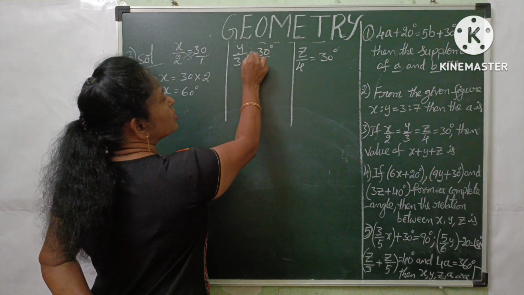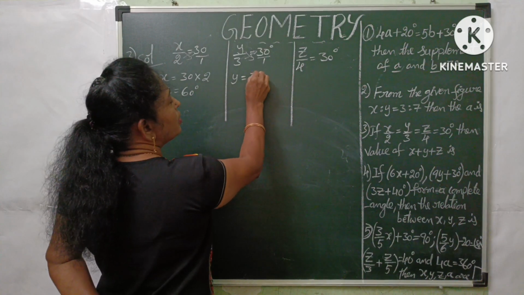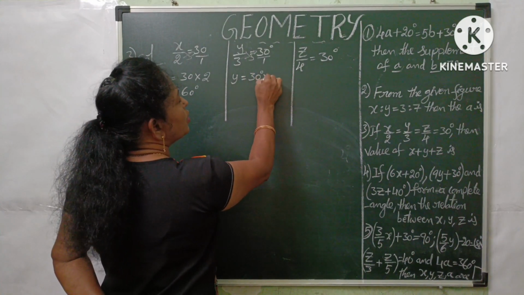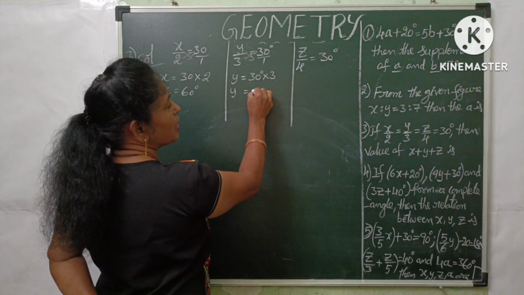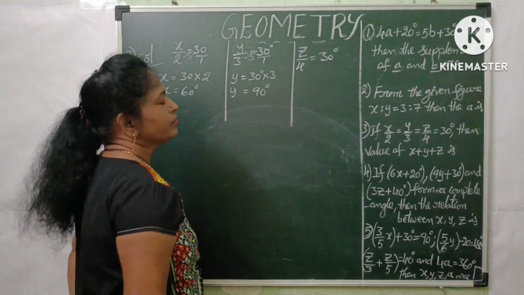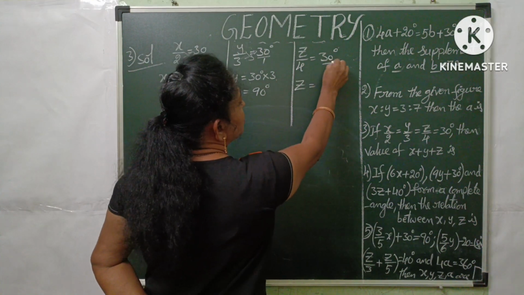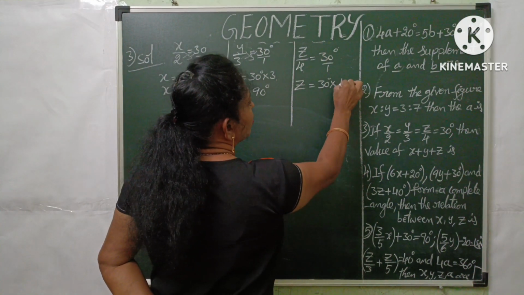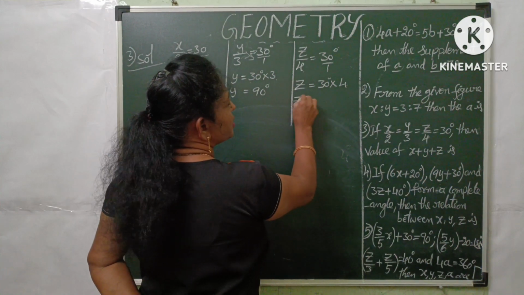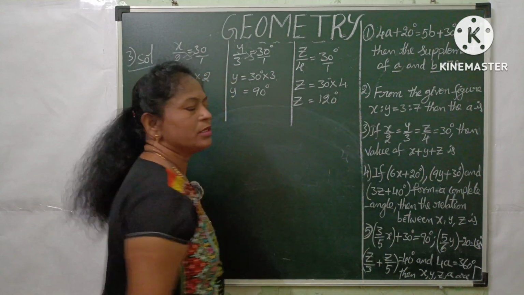Now do the cross multiplication here. y into 1, y equal to 30 degrees into 3. Then y equal to 3 3s are 9, 90 degrees. Next, z equal to, by doing cross multiplication, 30 into 4. Then z equal to 3 4s are 12, 120 degrees.